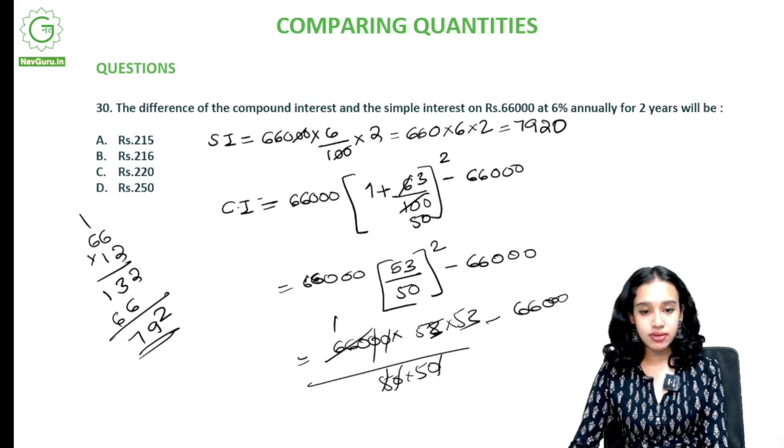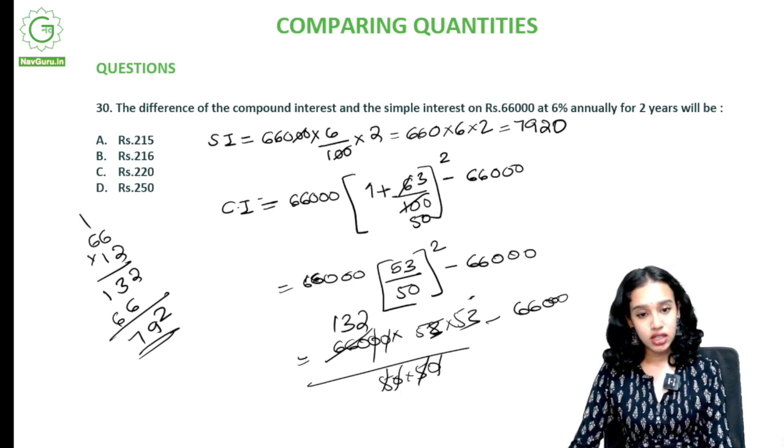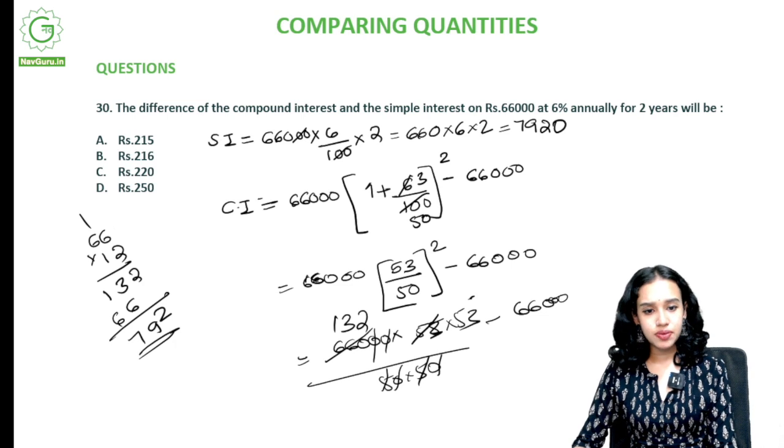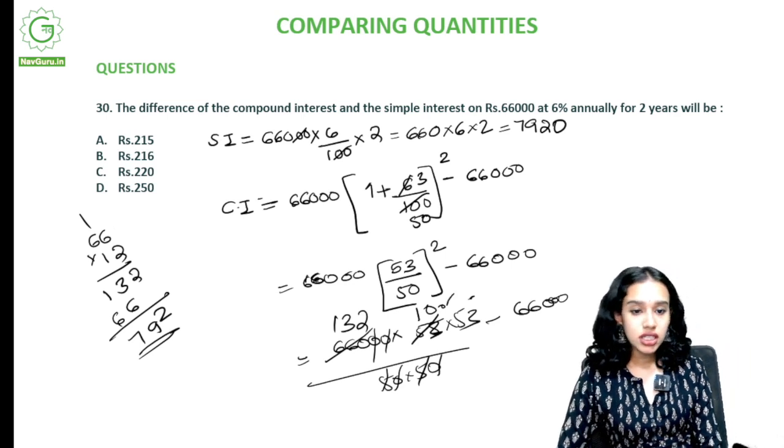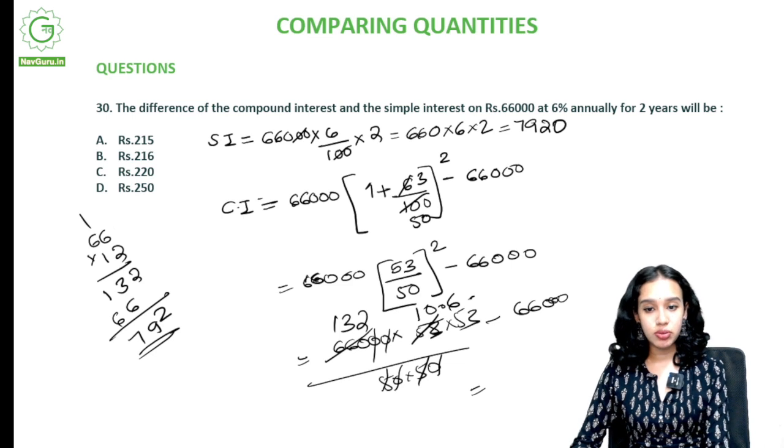Still we could cut down 5 from here. We get 1 5s are 5, 3 5s are 15, 2 5s are 10. Now we have 132 into 53 divided by 5. Let's cut down 5 from here and here. So we get 132 into 53 into 10.6.